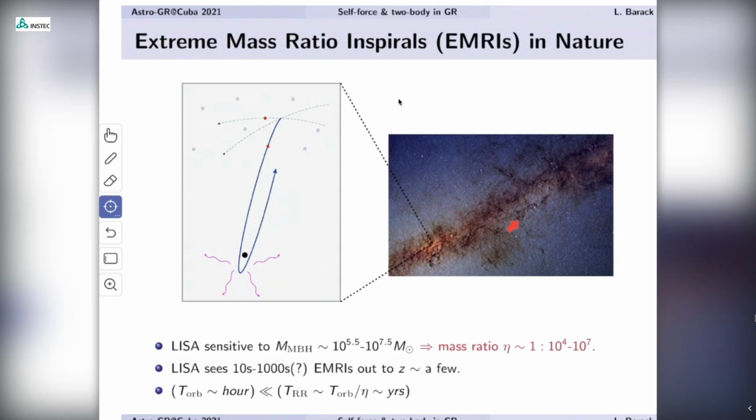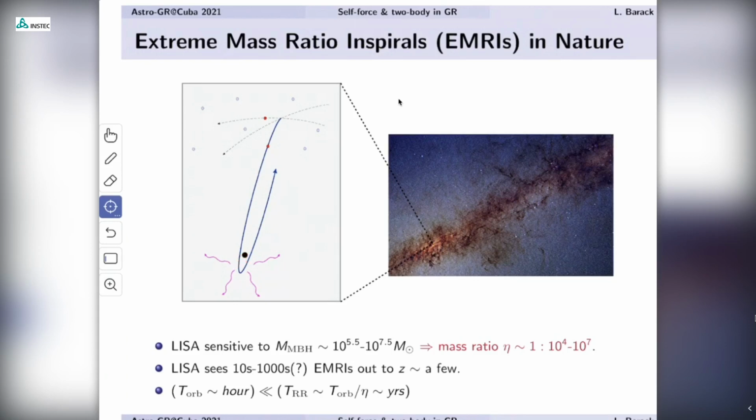And we know at the center there's a very large black hole. On solar scale, it's very large, about 4 million solar masses. Here it is represented by this black dot.